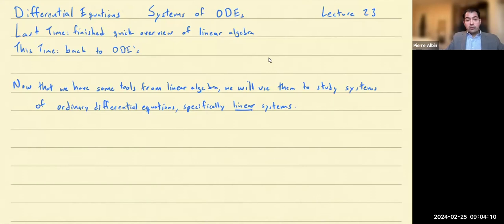Okay, so systems of ordinary differential equations show up whenever you have coupled quantities.